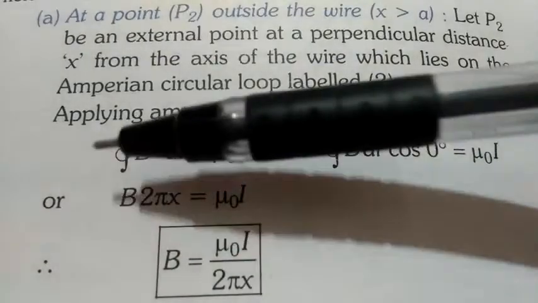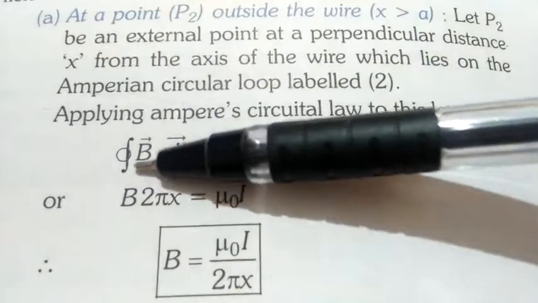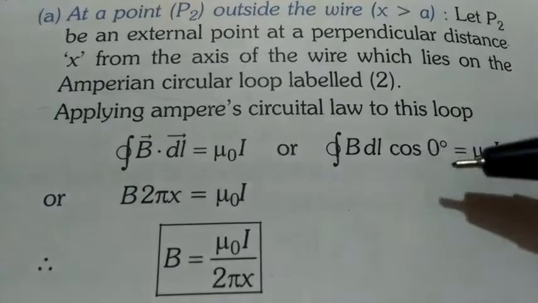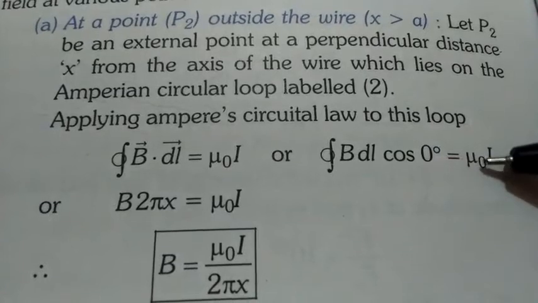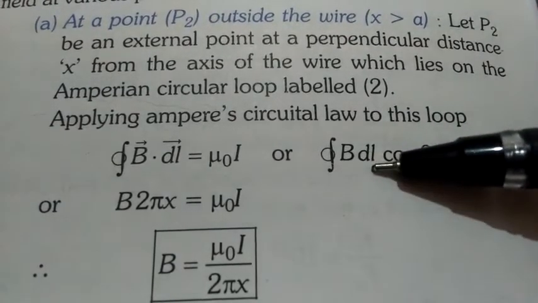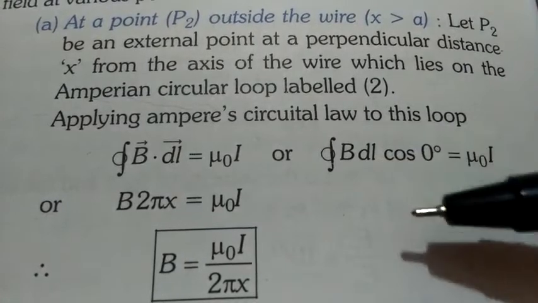So according to Ampere's circuital law, the closed-loop integral of B dot dl equals mu naught I, or B dl cos 0 degree equals mu naught I. Why is it 0? Because B and dl are both in the same direction.